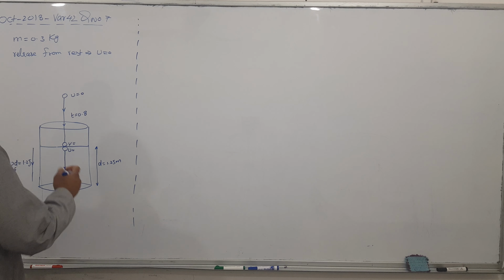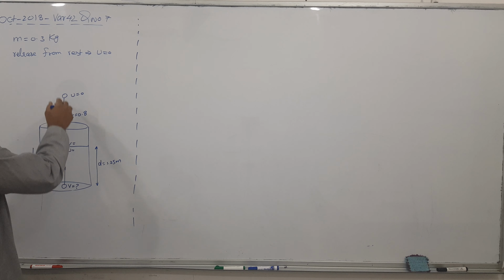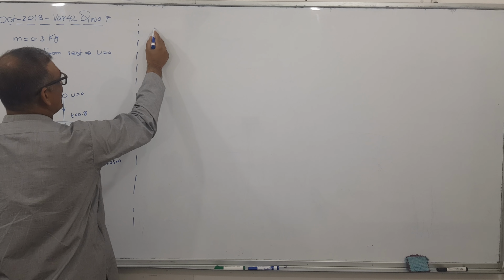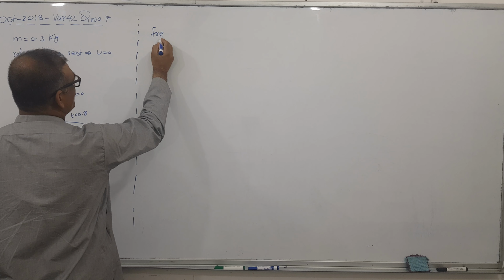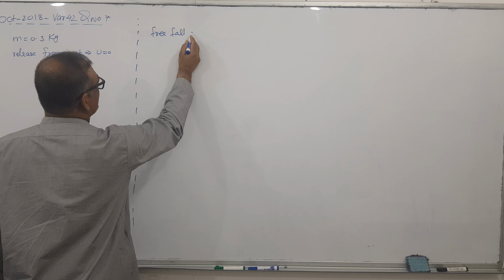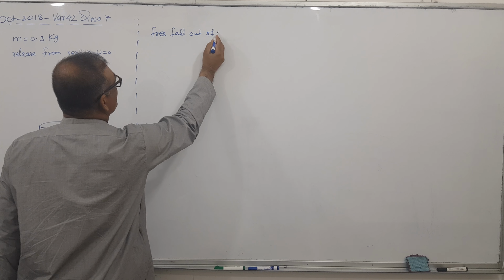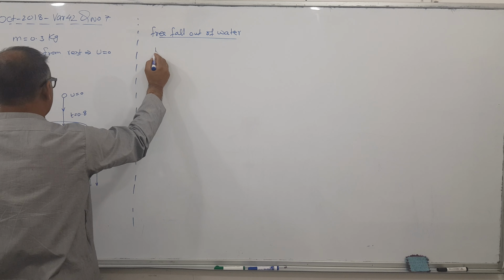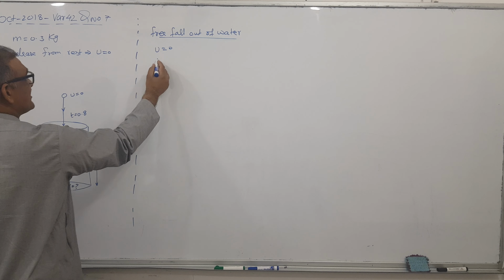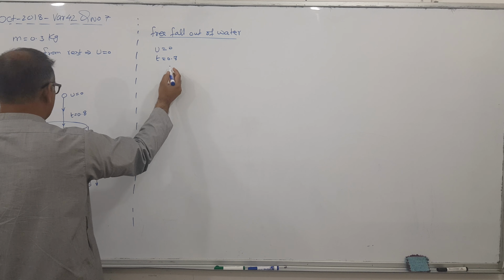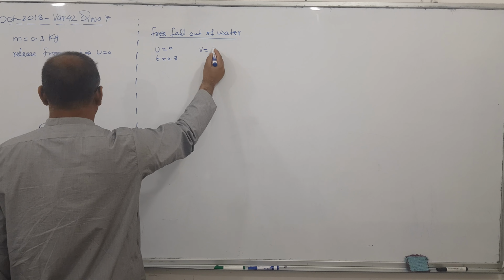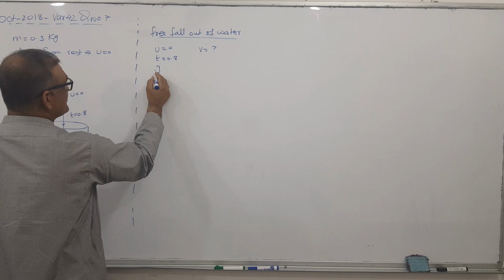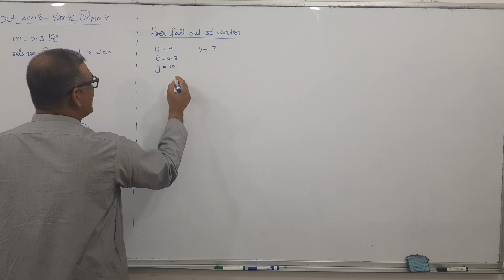So let's start. First of all, this is stage number 1: free fall out of water. Let's see what happens. U is 0, the time taken is 0.8, and my target is to get the last velocity, and gravity is plus 10 coming down.